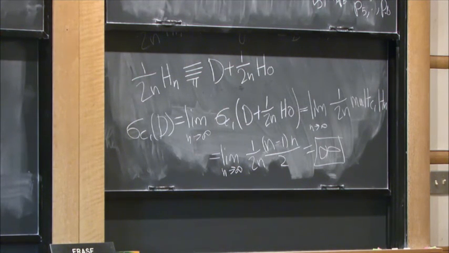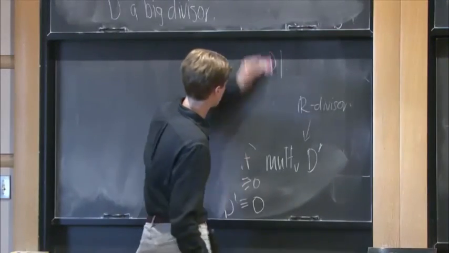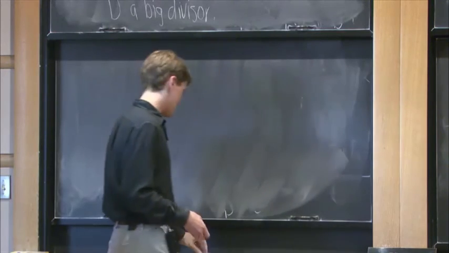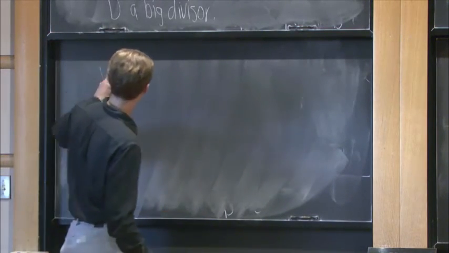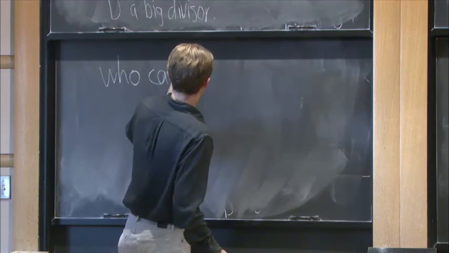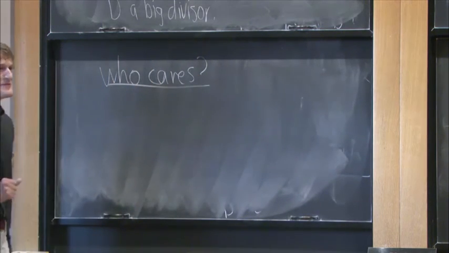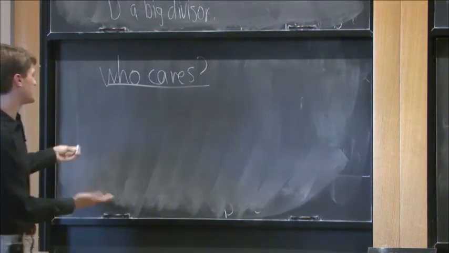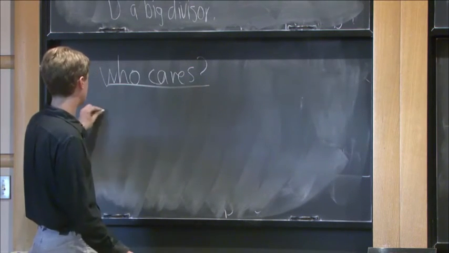So let me just take one more minute for one final slide, which is the question probably on everyone's mind, which is, who cares? So these invariants actually show up in the MMP quite a lot. And so here's a typical way that you use these.